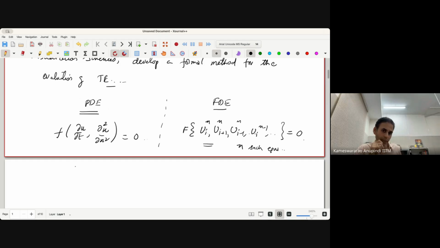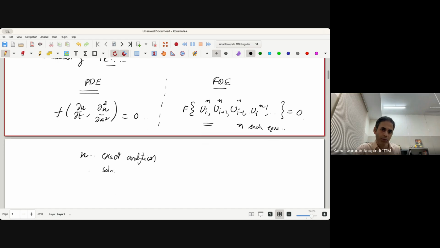Now that means our little u, which is the exact analytical solution, is going to satisfy the partial differential equation. That means f of u equals 0.